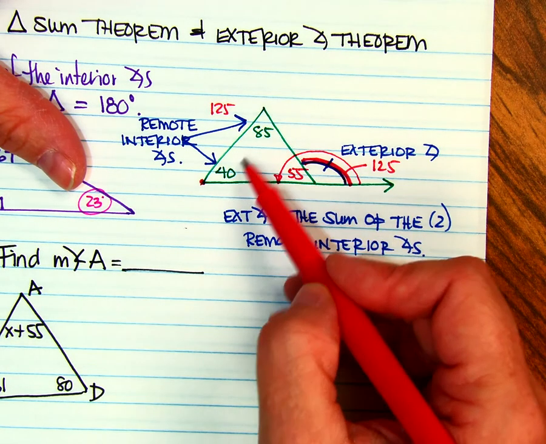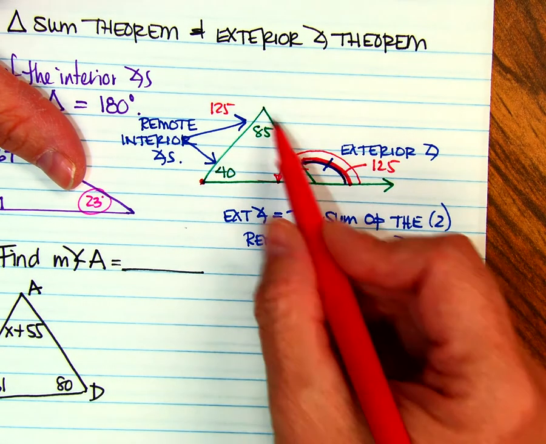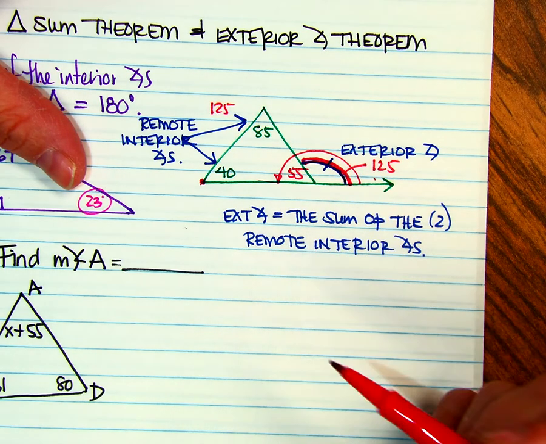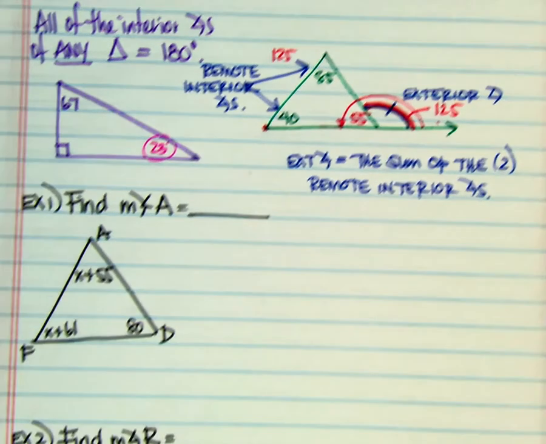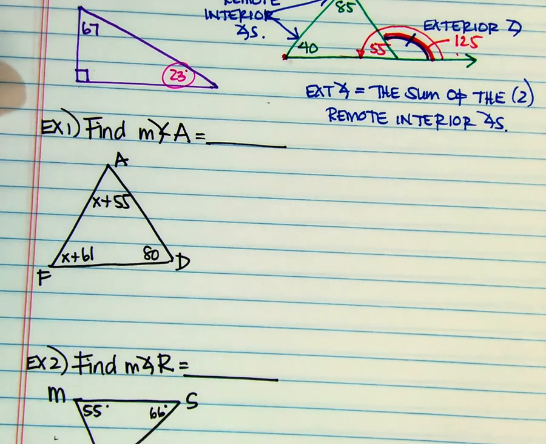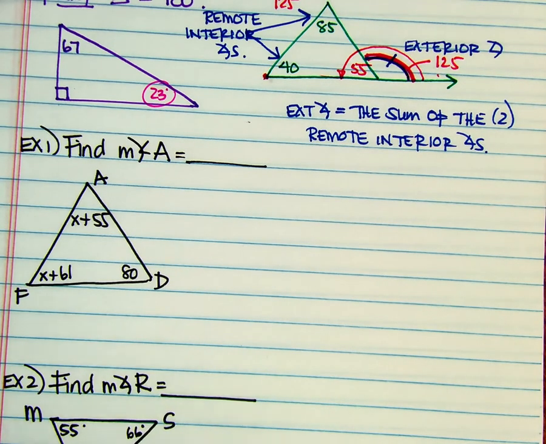So 85 plus 40 plus the 55 better equal 180, as well as the 55 plus the 125 also equals 180. So I have some examples that are already written out, save a little bit of time. So feel free to pause for each example to write down the problem in the diagram.